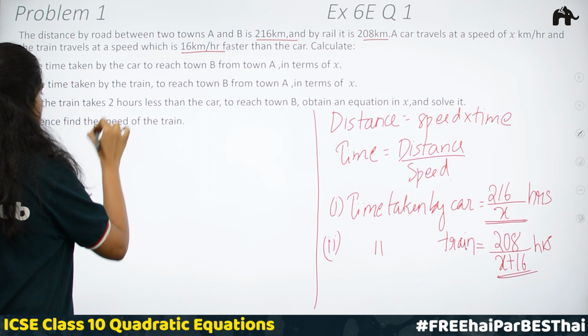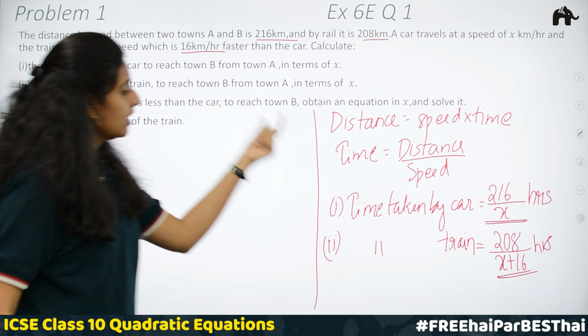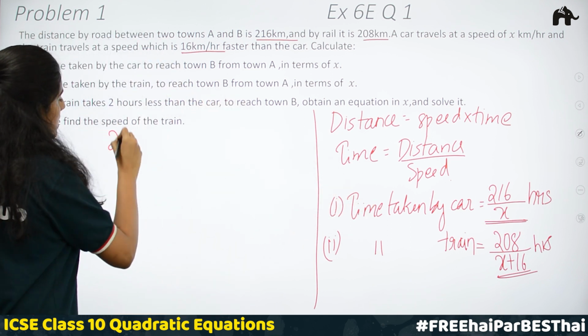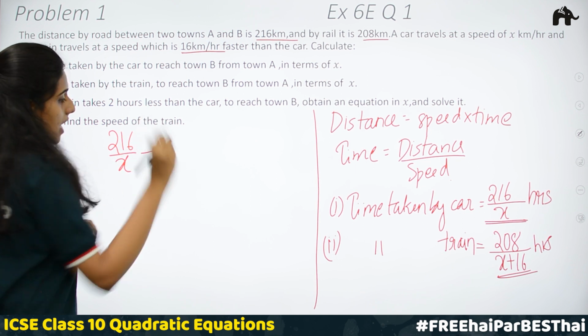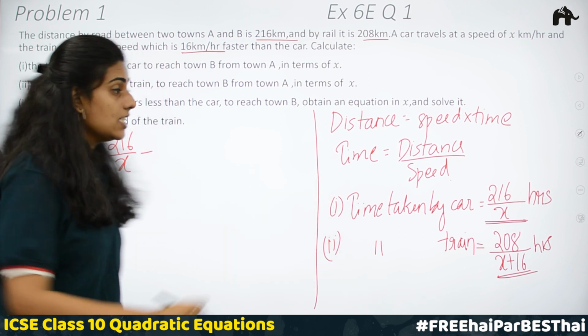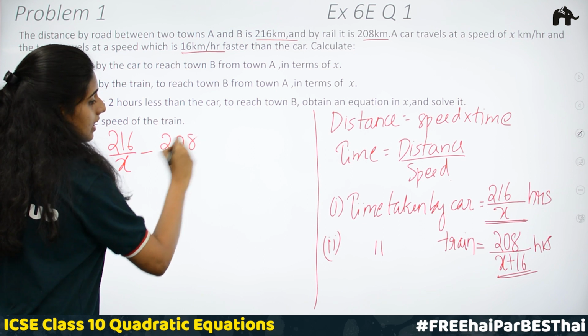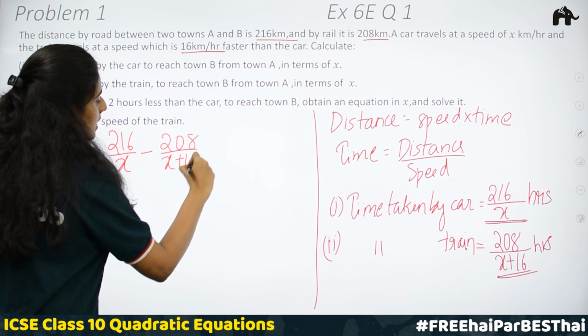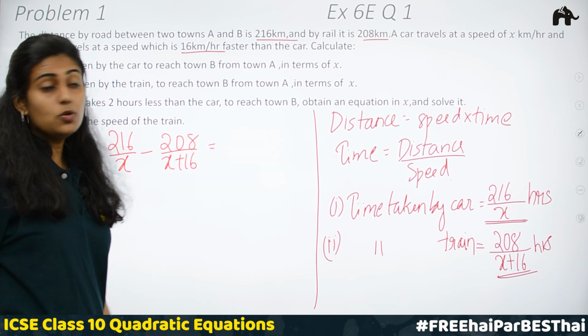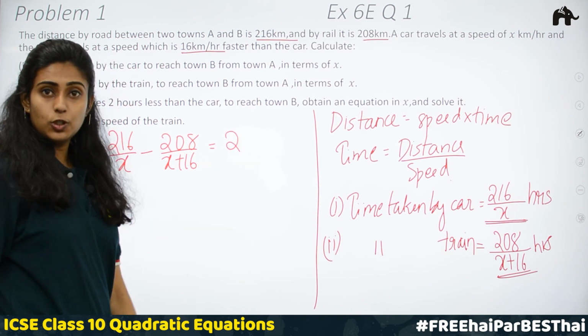Time taken by car is 216 divided by x minus time taken by train, 208 divided by x plus 16. The difference is given, which is 2 hours, that is equal to 2.